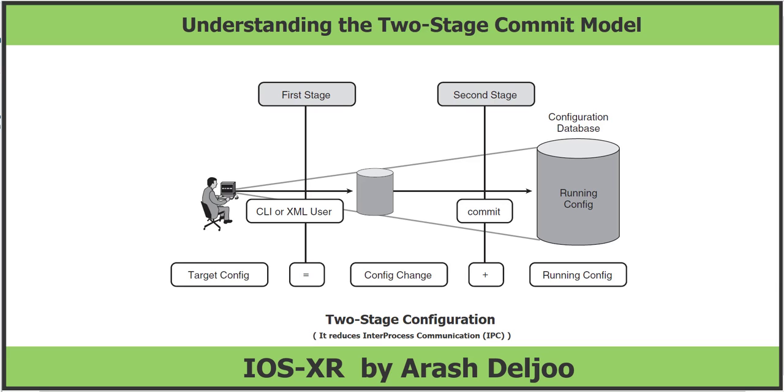The target configuration is not a copy of the running configuration. Instead, it is an overlay of configuration changes entered by the user, which have not been committed yet, on top of the router's running configuration. When the user enters the first stage of the configuration and prior to entering configuration changes, the target configuration is identical to the running configuration.